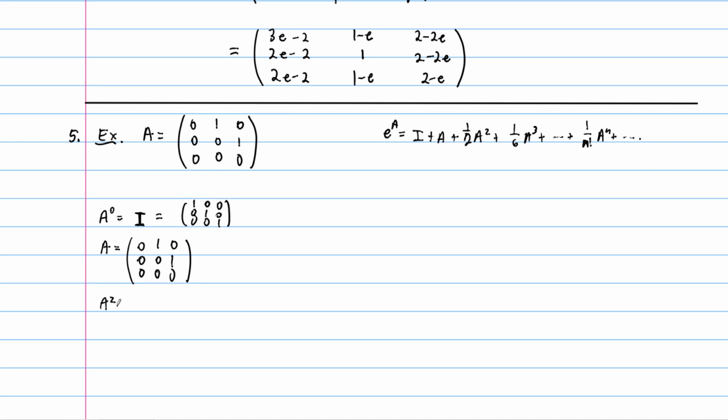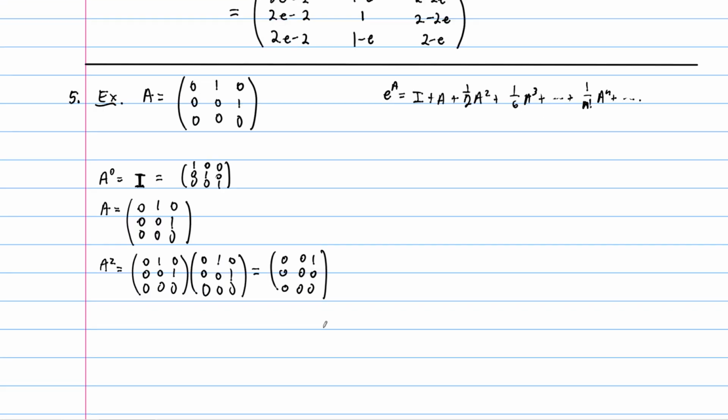And then A squared is going to be A times A. If you work this out, you're going to find that everything is going to be 0 except for row 1 times column 3. That's going to give you a 1. Everything else is going to be 0. So this is our matrix A squared.